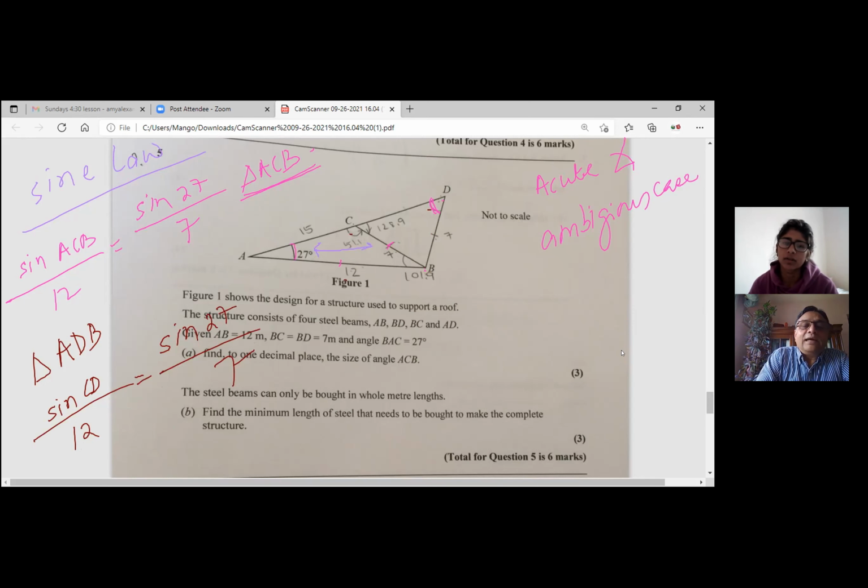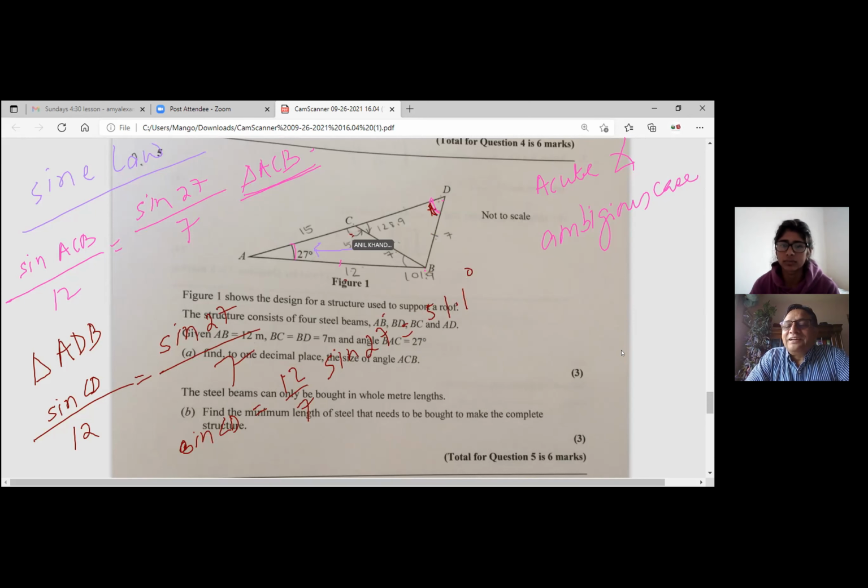What is angle D? Let's find angle D first. So will that just be the same, 51.1? So angle D will be the inverse sine of 12 over 7 sine of 27, and you calculate this as 51.1 degrees, correct? Now clearly from this figure, as you can see, angle D is greater than angle C, right?